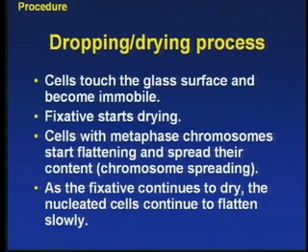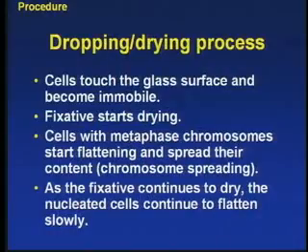After a few seconds, 20 or 30 seconds, the fixative starts to dry. While the fixative is drying, the cells with metaphase chromosomes start to flatten out and spread their content. That's called chromosome spreading. Once the fixative is completely dry, you're not going to have every cell in the metaphase stage.